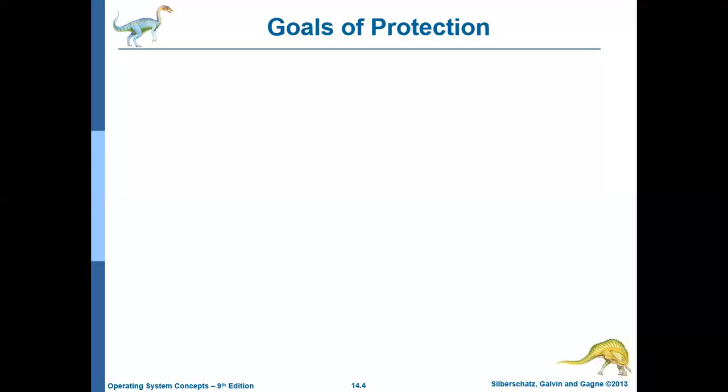Now what does protection do? Protection will ensure that for the users who are able to access the resource, what level of privilege they will have. Some users may have full access, and some users may have limited access. That will be ensured by protection.